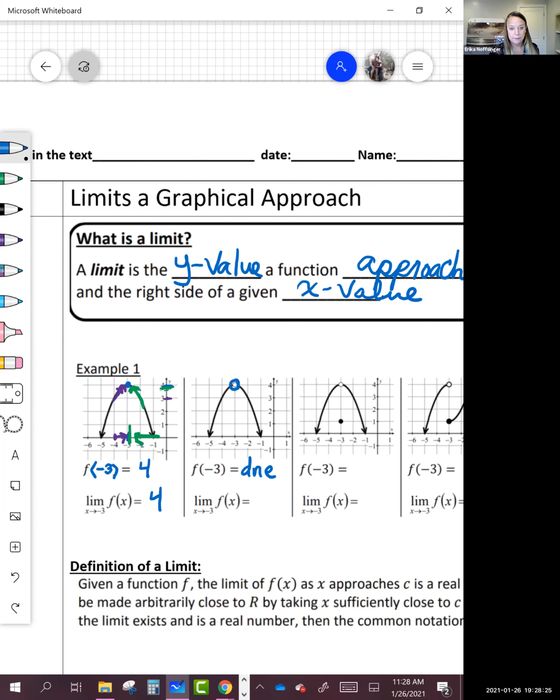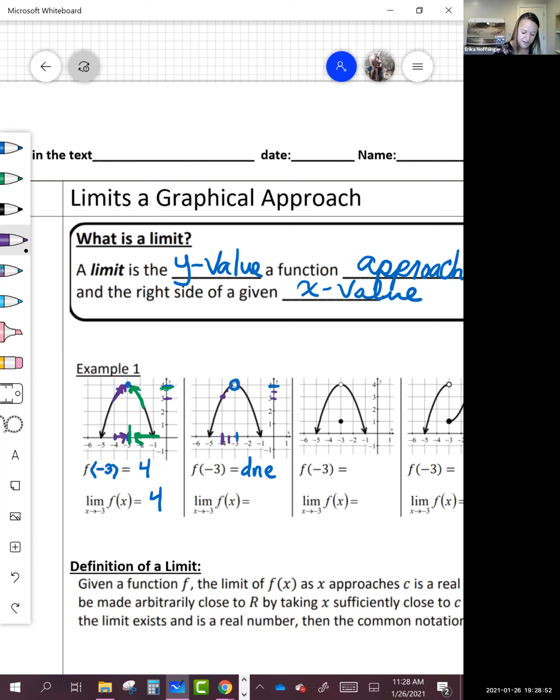But if we're looking at the limit as x is approaching -3, it's still approaching that y value of 4, right? Because if I put in x equals -4, a value on the left of x equals -3, I hit 3 again. If I go to -3.5, I hit 3.5.